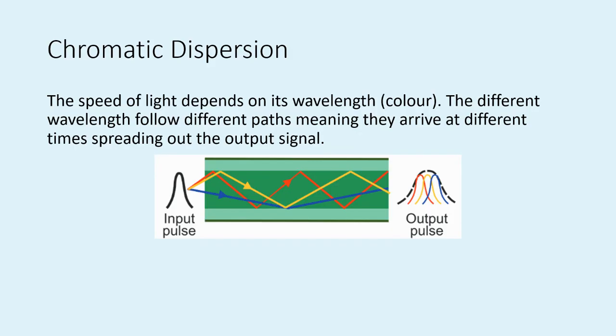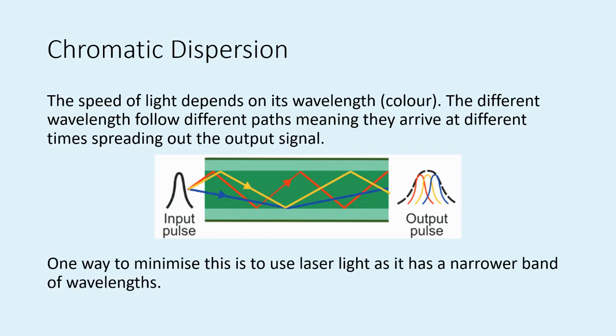Now, chromatic is to do with color, and obviously different wavelengths have different colors. And wavelengths with one color will end up arriving sooner than wavelengths with another.